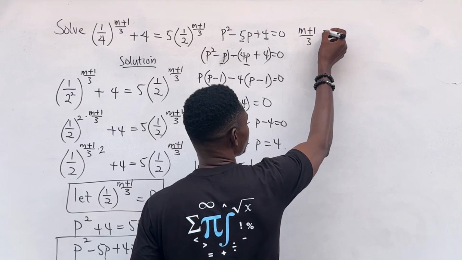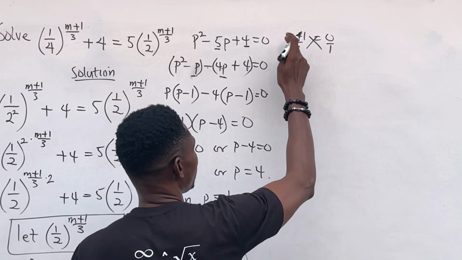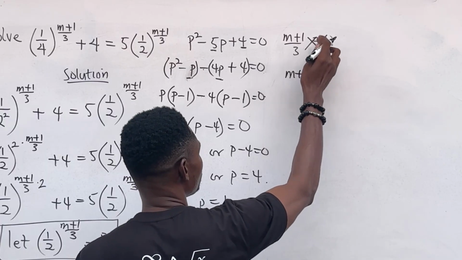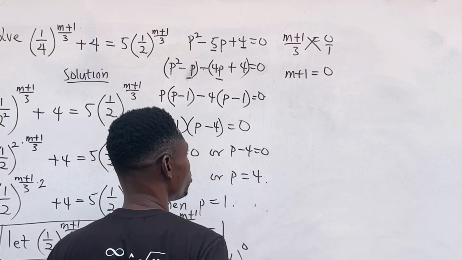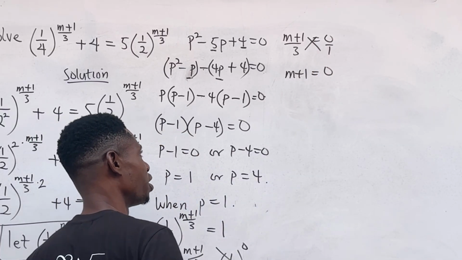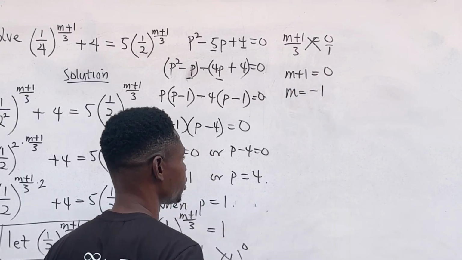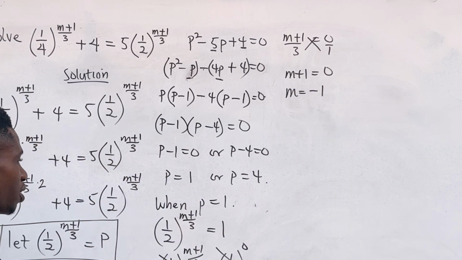So from here we can cross multiply. M plus 1 times 1 is m plus 1. 3 multiplied by 0 is 0. So from here we can confidently say m equals minus 1. Okay, so we have a value of m: minus 1.